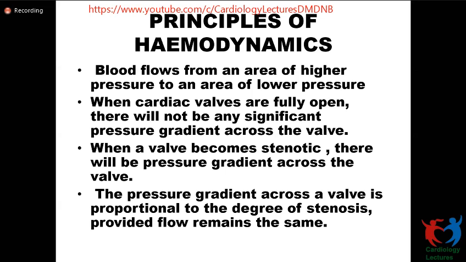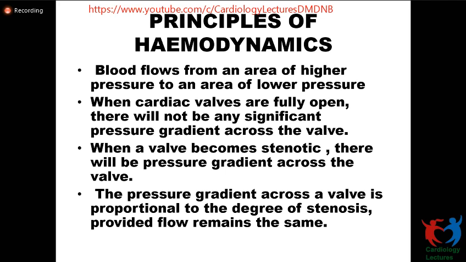That's the most important thing you should know: whenever there is an increase in the downstream pressure, the upstream pressure also should correspondingly go up. So if the LV pressure goes up during diastole, the pressure in the left atrium also should go up during diastole. Then only the blood can flow from left atrium to the left ventricle.